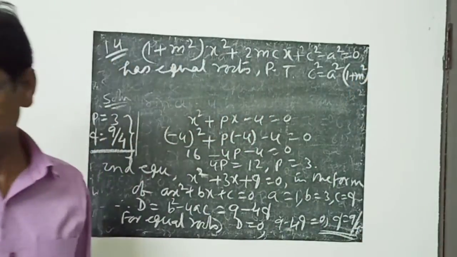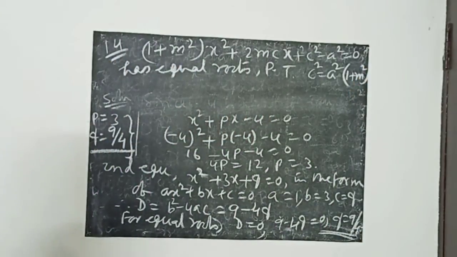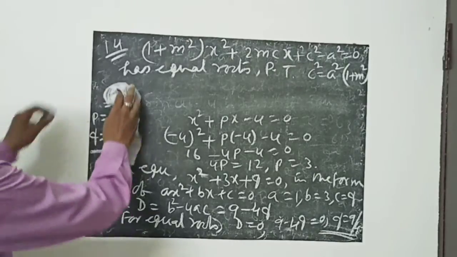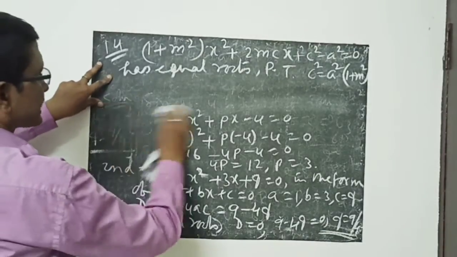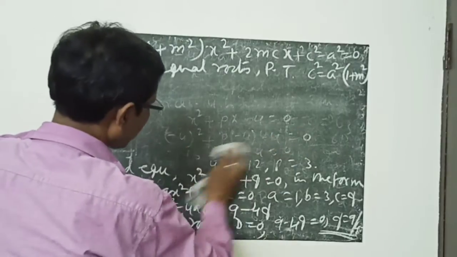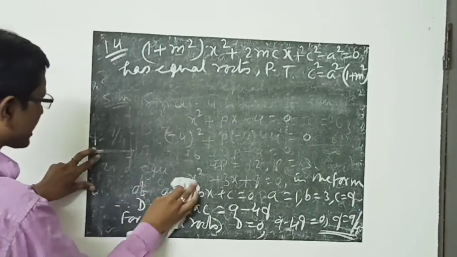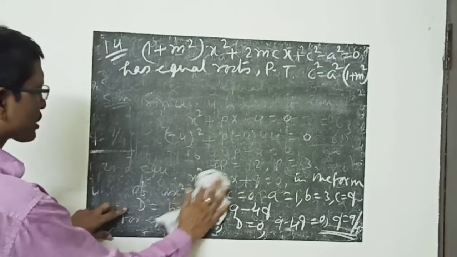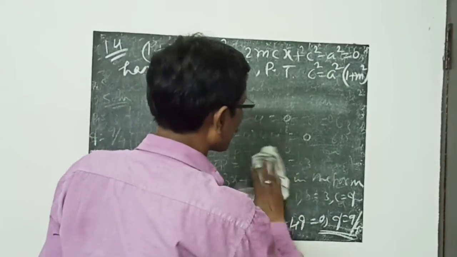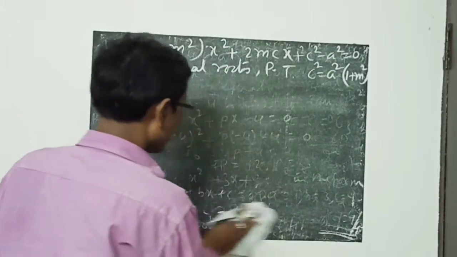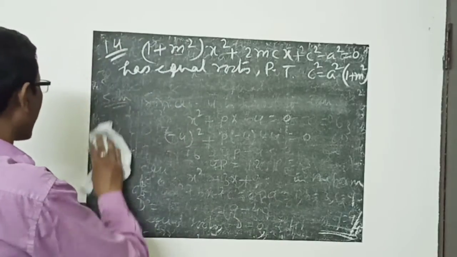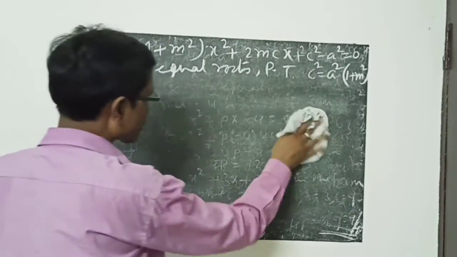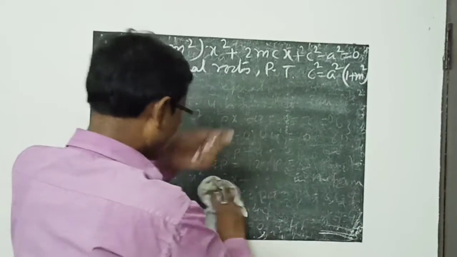So if you compare the given equation with the standard form, since it already has a, b, c, we will write the standard form with capital A, B, C so that it does not get mixed up with the given equation.